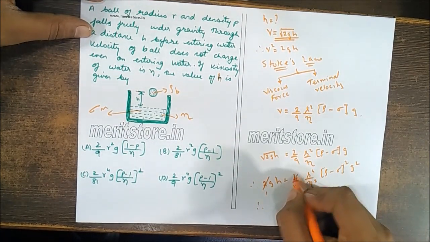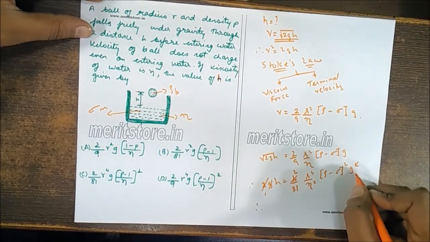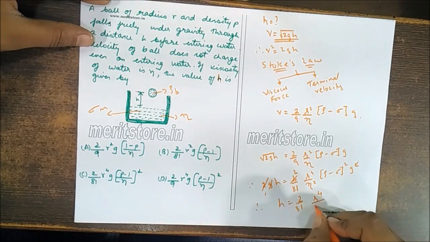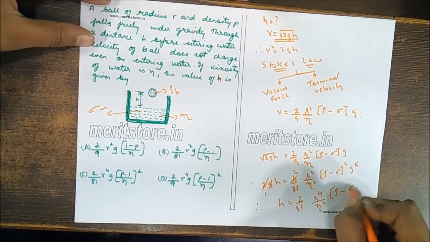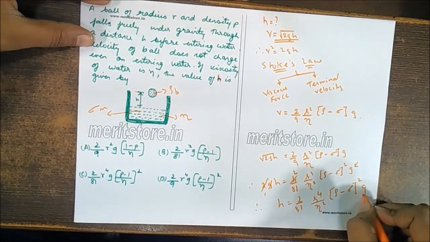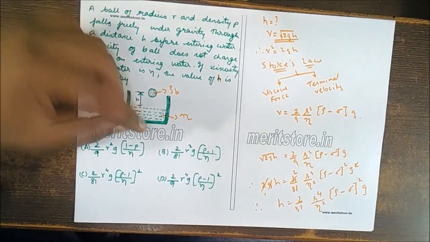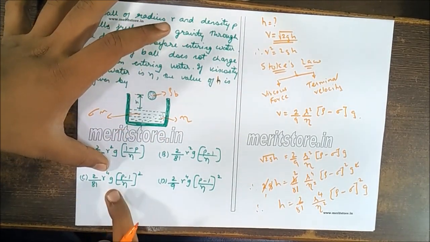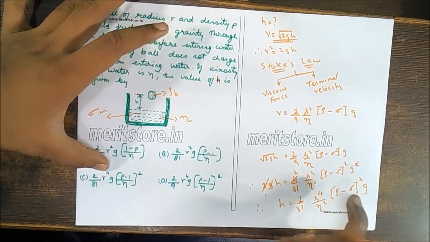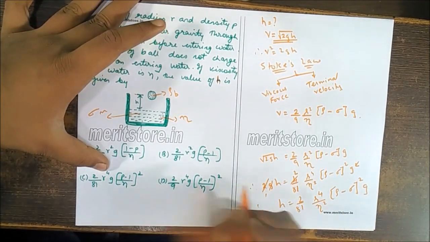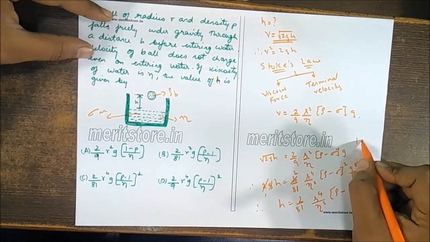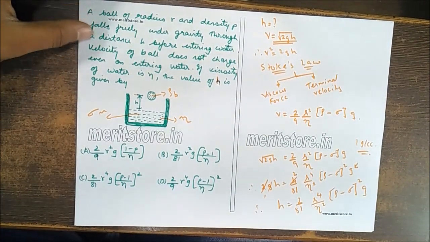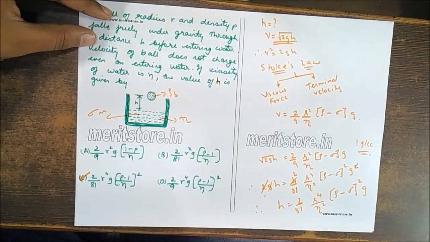The two 2s and one g will get cancelled, so I'll get h as 2 upon 81 r to the power 4 upon eta square into rho minus sigma the whole square into g. So 2 upon 81 r to the power 4 is in option C, g and rho minus sigma. Now sigma has been replaced by 1 because it is 1 g per cc, that is 1000 kg per meter cube, hence option C is correct.